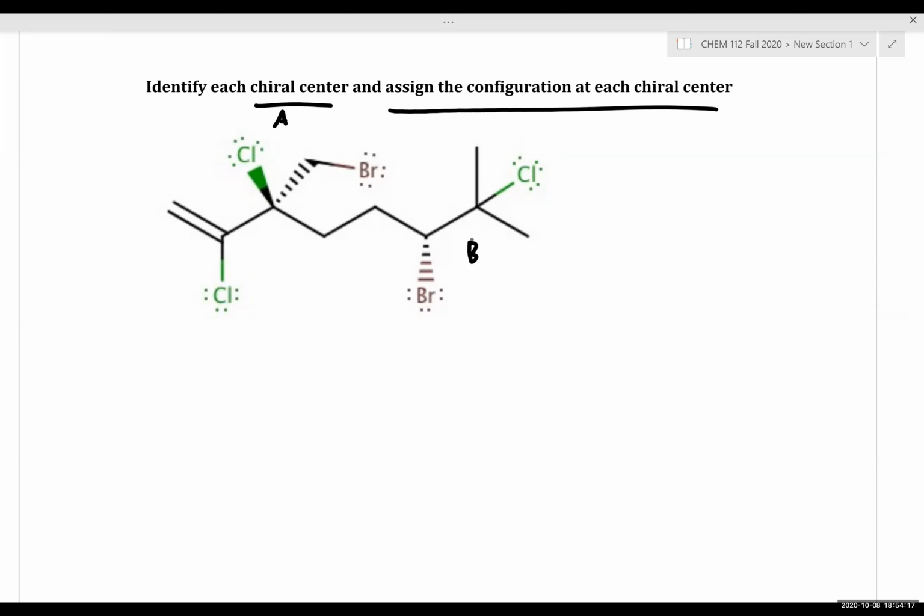And I really encourage you, as the first step to solving many of these problems, start by making a model of each of these structures. If you make a model, it's much easier to rotate your molecule to place the lowest priority groups in the back.